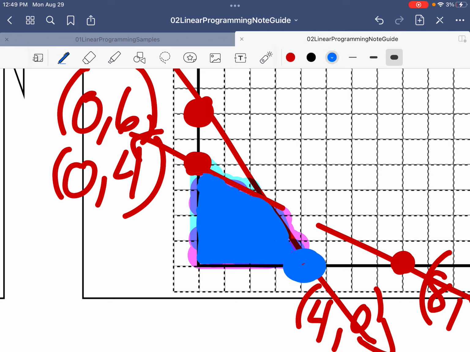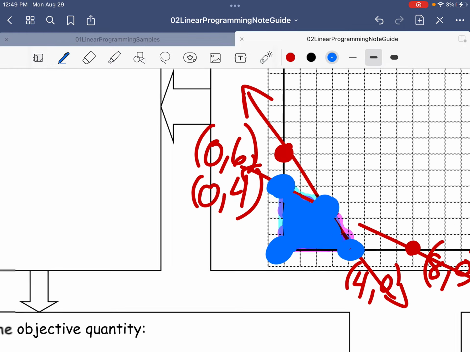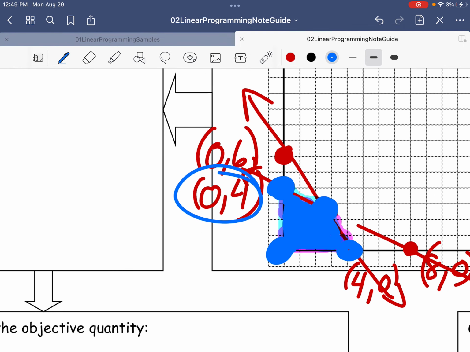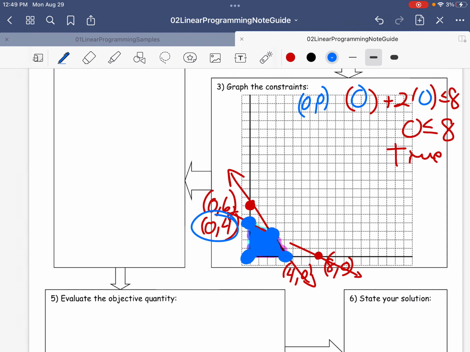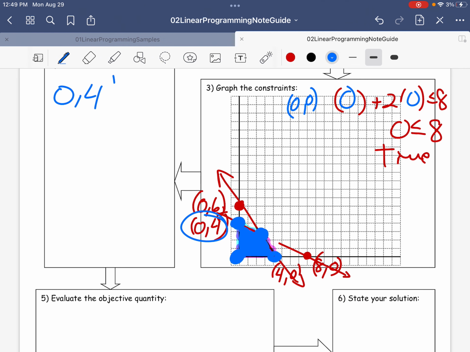So the vertices, which are the points that are at the edge of this graph, are the only ones that could ever give me my highest profit, again, simply because they are the biggest ones. Now, it looks like 0, 4 is a vertex. It looks like 4, 0 is a vertex.